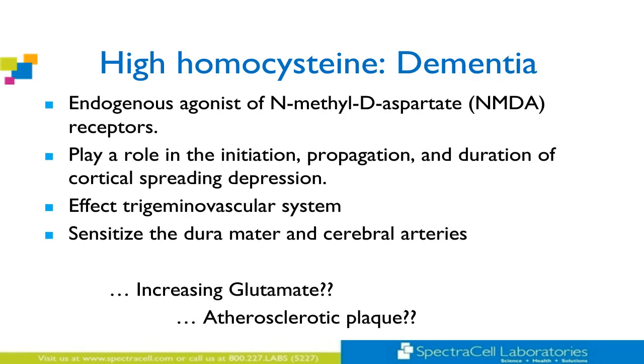Of particular consequence tonight, we want to be talking about high homocysteine and neurological inflammation. And we know that endogenous agonists of the N-methyl D-aspartate receptors are involved. There is implication for spreading depression with high homocysteine.